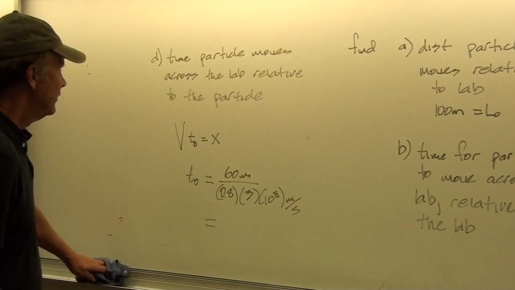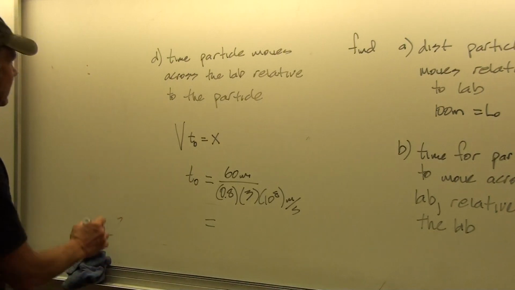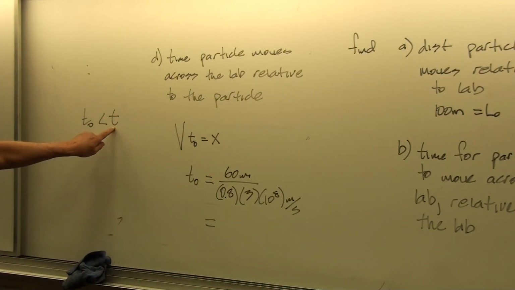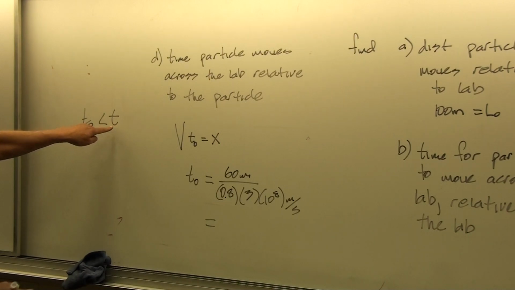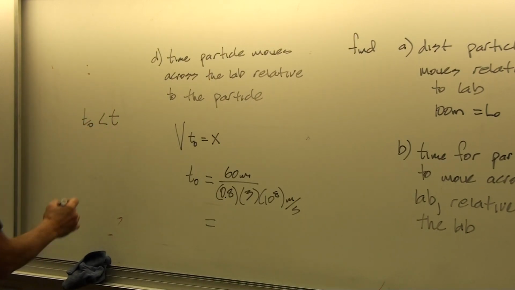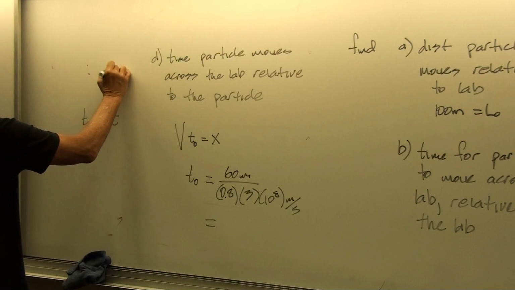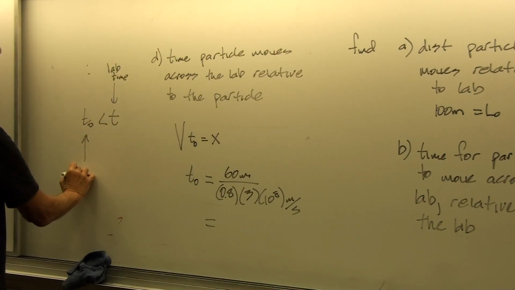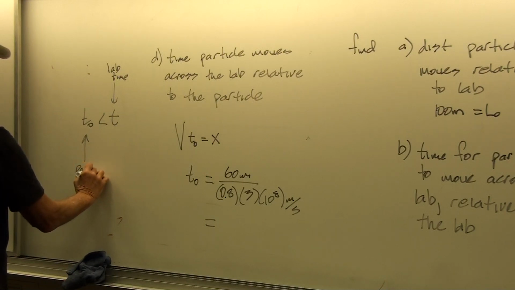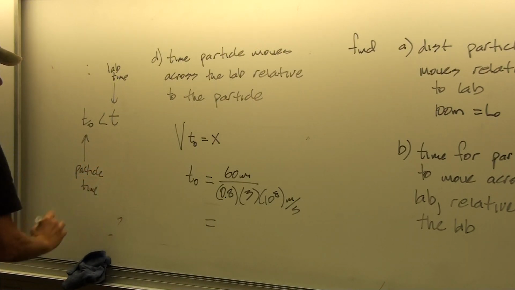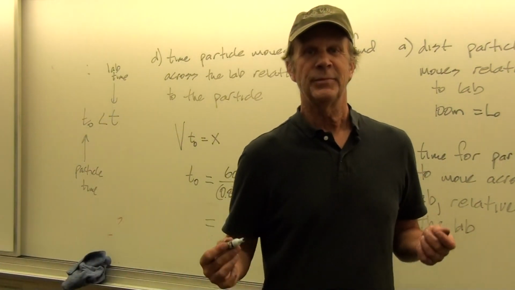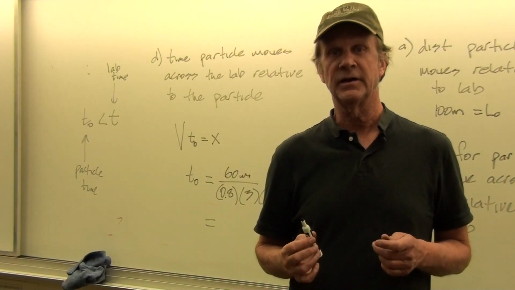Okay, so we're expecting this time is going to be less than the time that's measured in the lab. This is the lab time that we calculated in part B. This is the particle time that we're calculating in part D. So you can see the math here is not bad, but the concepts can be a little daunting.